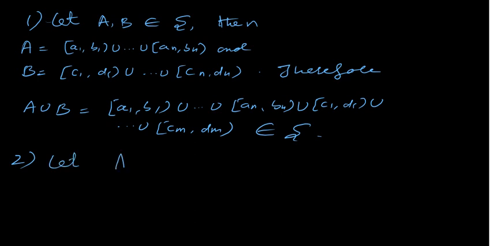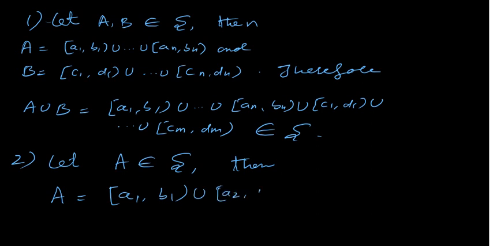Let A belong to S, then this A is equal to A1 B1 union A2 B2 union ... AN BN, where each set is a subset of the interval 0 1.